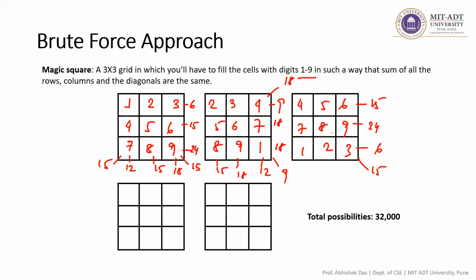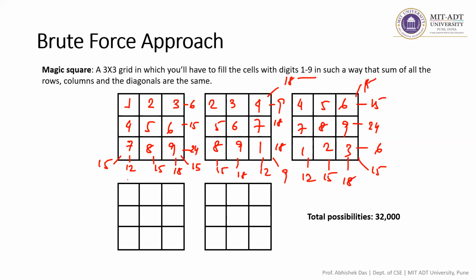Now over here, if you add, you get 12, over here it will be 15, and over here it will be 18. Again, 8 plus 6 is 14, plus 1 is 15. So the diagonal will be 15. Again, all the values of the rows, columns and diagonals are different, right?